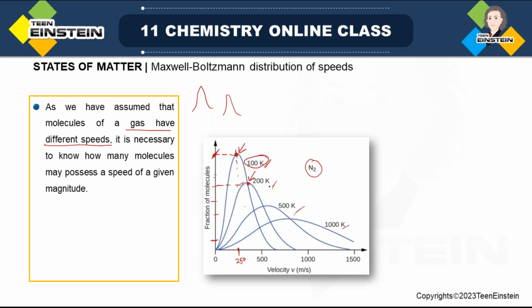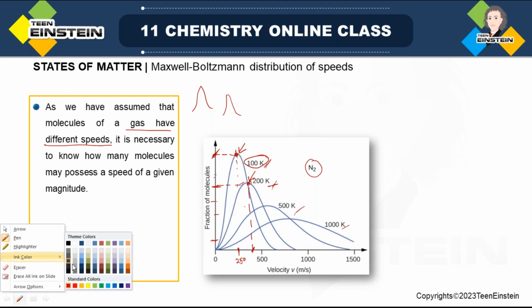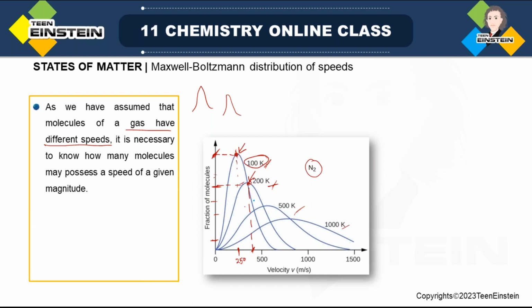So when you have increased the temperature, this is the fraction of molecules that will have speed, suppose somewhere here it may be 400, 450 or something like this.